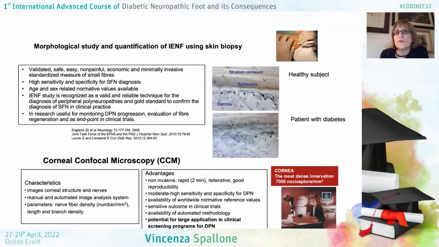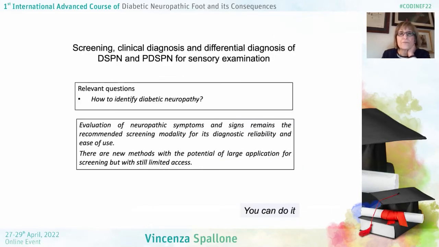And there are also morphological studies for small fibers, skin biopsy and CCM, and I just consider the potential for large application in clinical screening programs with the new automated methodology.